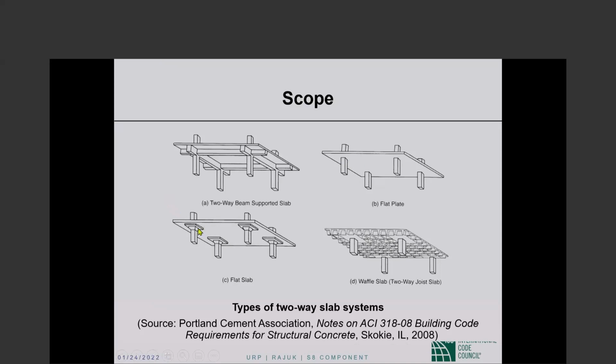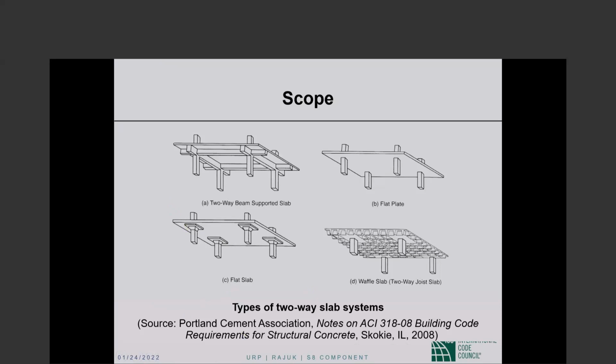So fairly often, the slab is thickened locally around the columns, creating what are called drop panels. And when a slab, a flat plate, is equipped with drop panels, we don't call it a flat plate anymore. Then it is called a flat slab.